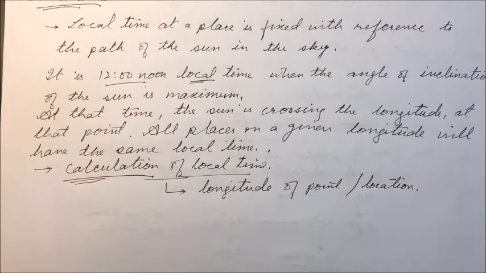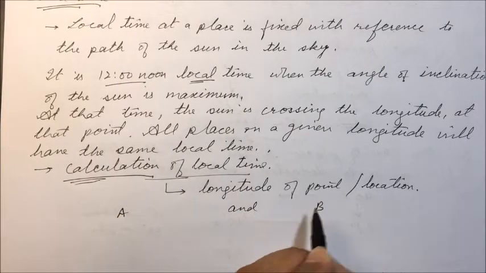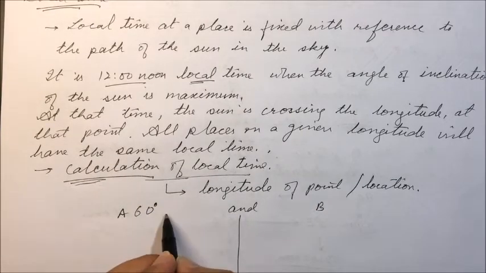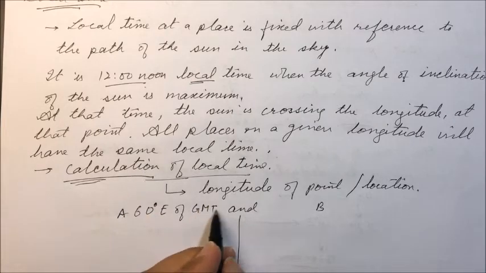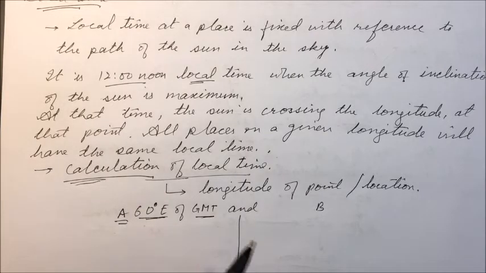So how can we find it? For example, we have to find the time at A and B. These are the two locations, A and B. A is lying 60 degree east of the Greenwich Mean Time, that is the prime meridian.